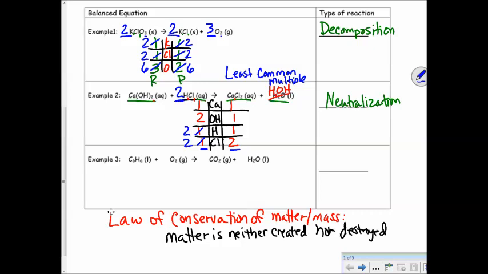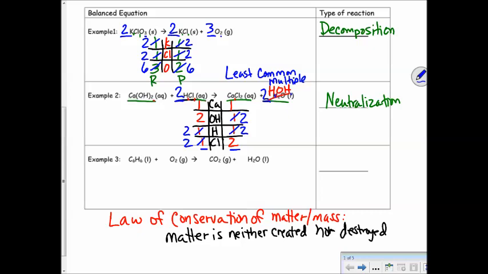The hydroxides are also out of balance. Those are 2. But if you look conveniently, the hydrogens and the hydroxides are together over here in the same compound. So all we would have to do now is put a 2 in front of this entire thing. So we get 2 hydrogens, 2 hydroxides. And if you see here, then looking at the numbers, everything else is balanced.